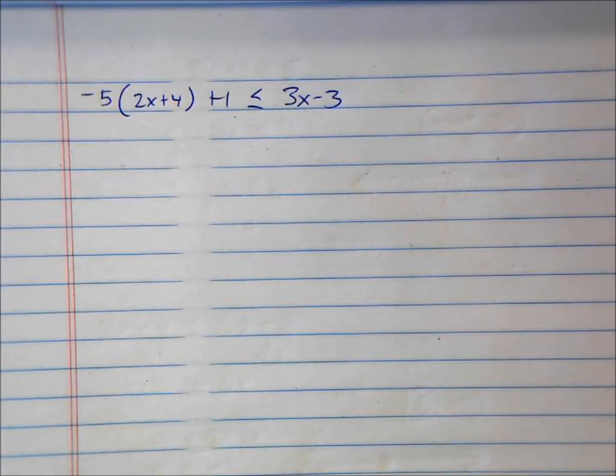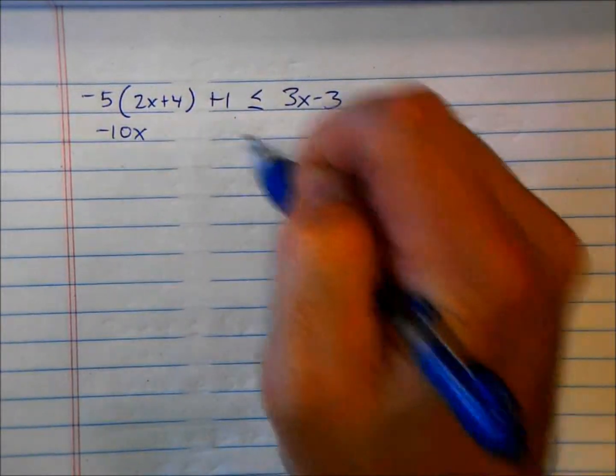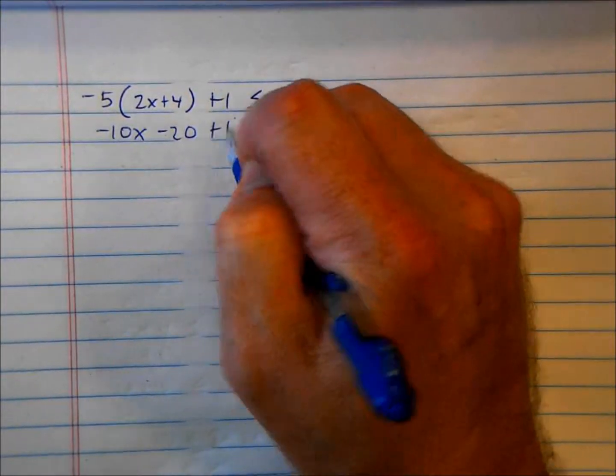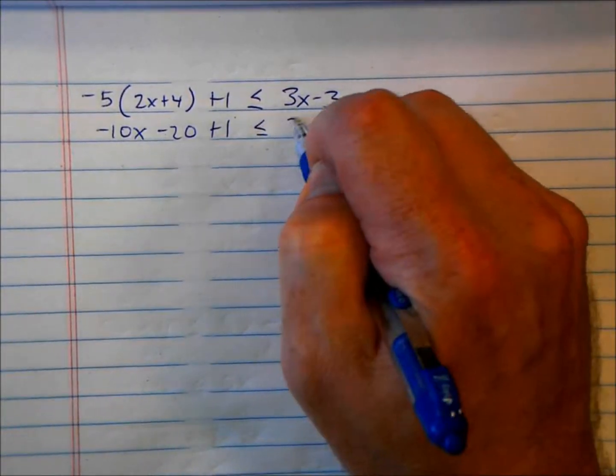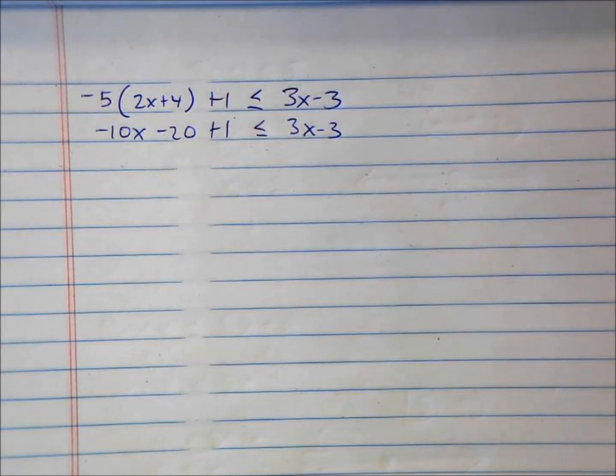How would you begin solving that one? Distribute the minus 5 through. All right, minus 10x minus 20 plus 1 less than or equal to 3x minus 3. What's your next step?